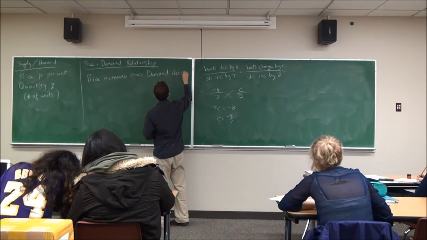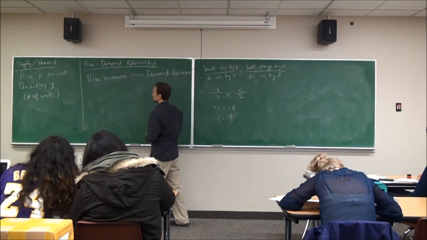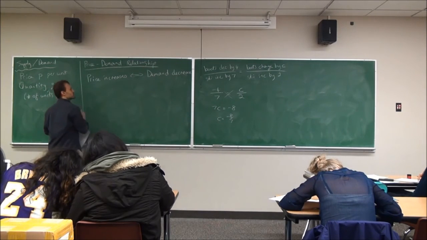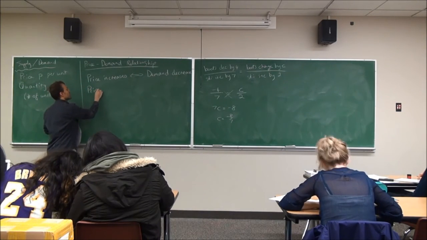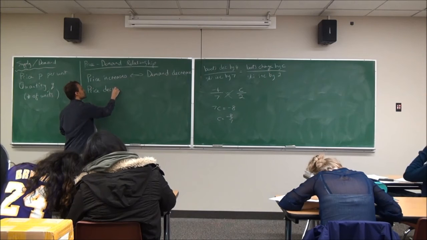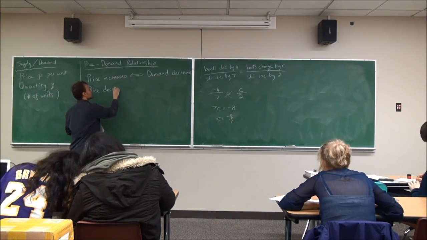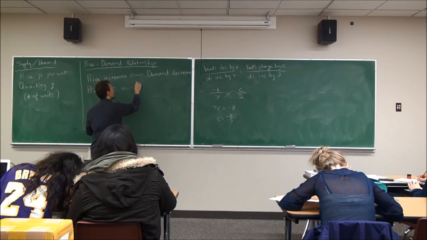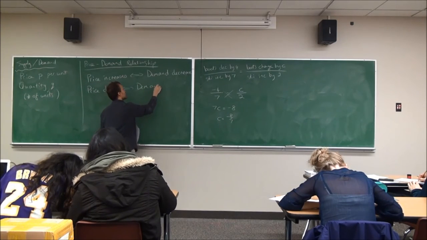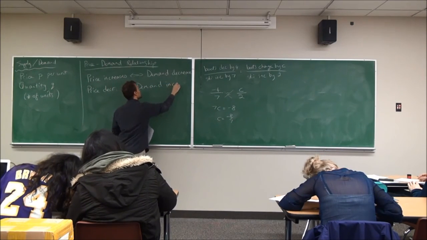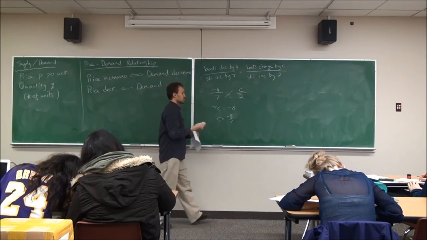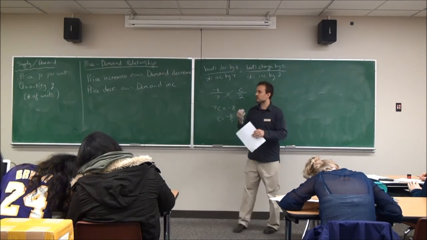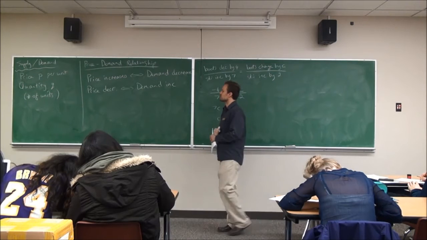It's going to decrease. I'm not willing to buy it if it gets more expensive. And on the other hand, if the price decreases, that goes with an increase in demand, because the product gets cheaper, I want to buy it, or I'm more willing to buy it.